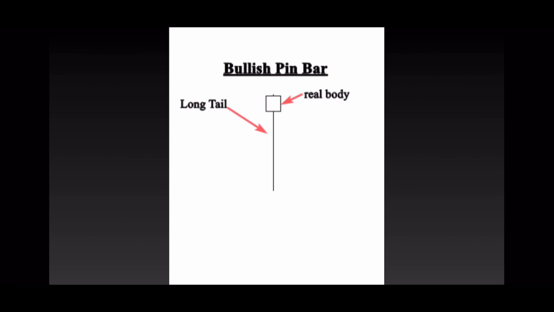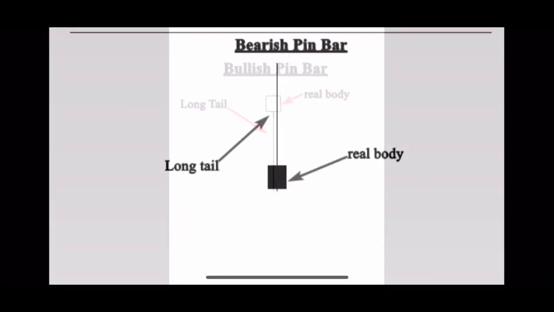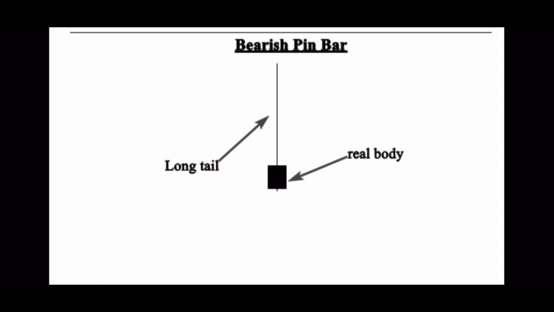Typically, all pin bars have a very small real body and a very long shadow. The bullish pin bar that you see in front of you is known for its lower wicks. The bearish one that I'll show you next is known by its long upper wicks. The color of the candlestick is not important. However, bullish candlesticks with the white real body are more powerful than the candles with the black real body. On the other hand, bearish pin bars with the black real bodies are more important than the ones with the white real bodies. Here's that bearish pin bar I was telling you about with that long upper shadow.